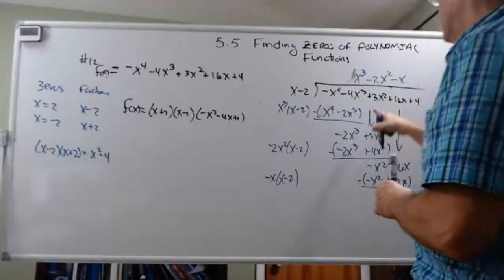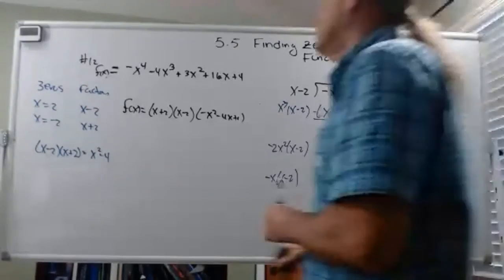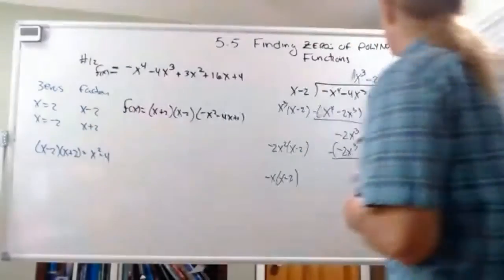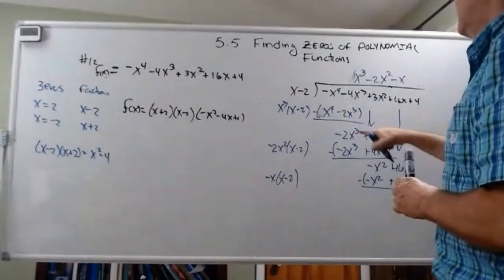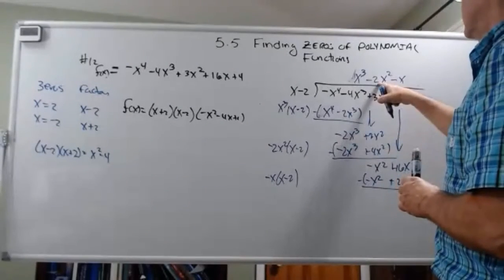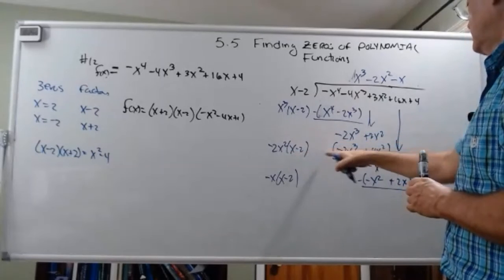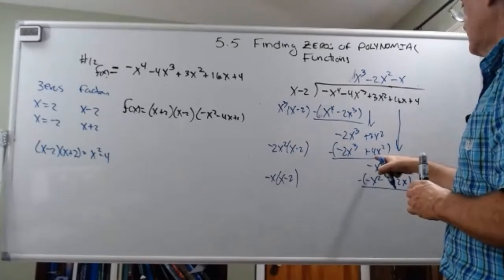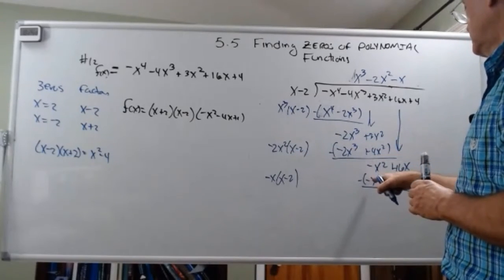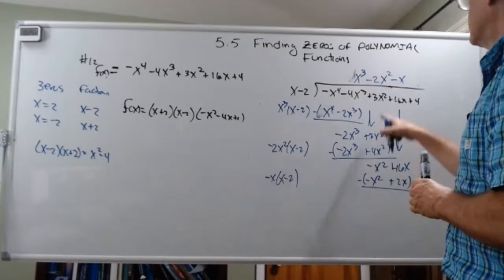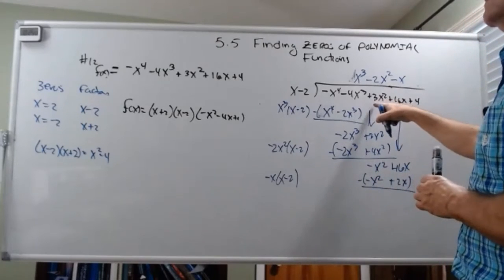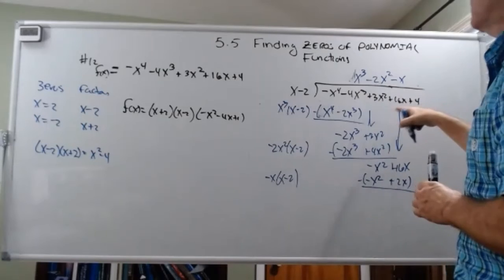But did I write something different? 3 plus 16. Should be okay over here. So I have my negative 2x squared. Positive 4, subtracting. I don't know, what am I doing? 3x squared, 16x plus 4.